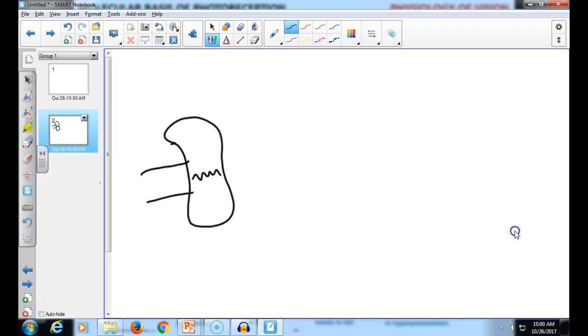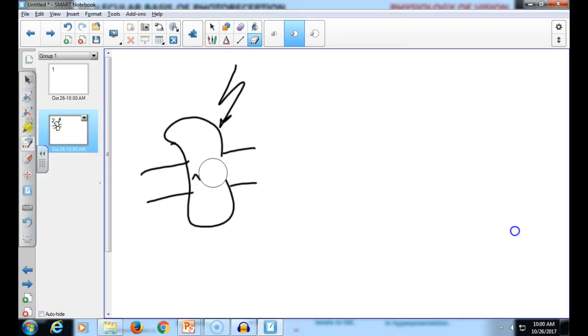I apologize for eye bleeding pictures. What happens when the light is absorbed by this photopigment? What happens to the 11-cis? It becomes all-trans and disconnects. So if you don't mind, I just remove it. Okay?